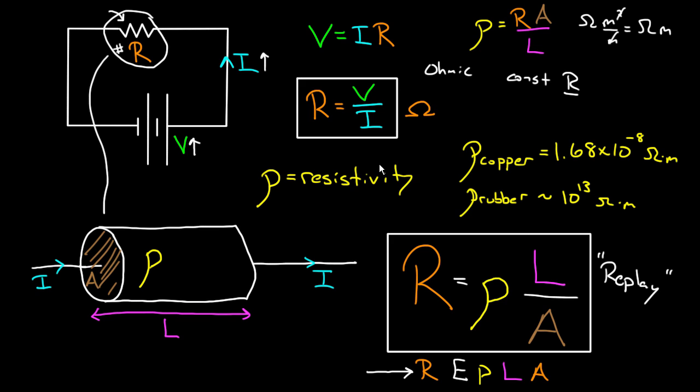And since we're talking about resistivity, it makes sense for us to talk about conductivity, electrical conductivity. Now, the resistivity gives you an idea of how much something naturally resists current, and the conductivity tells you how much something naturally allows current, so they're inversely proportional. And if you're thinking it might be this easy, it is. The resistivity is just equal to 1 over the electrical conductivity, and the symbol we use for electrical conductivity is sigma.